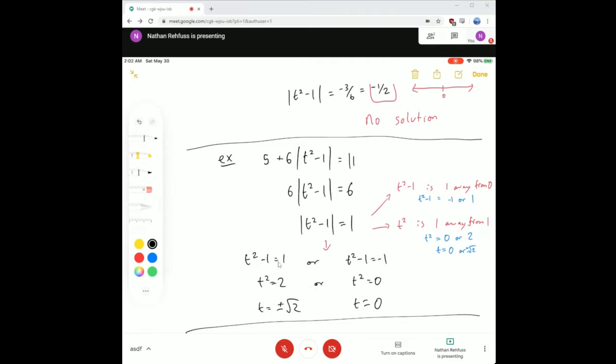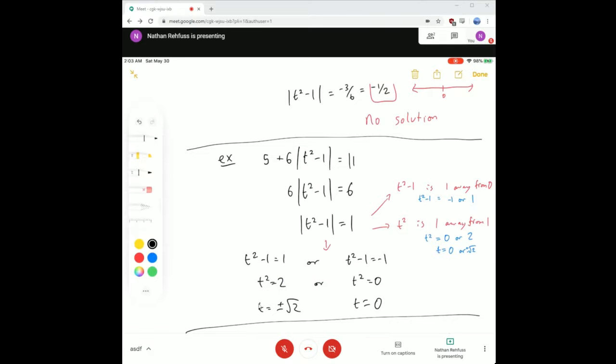And that's actually the next step in the algebra, is to add 1 to each side and say, okay, t squared equals 2 or t squared equals 0. The fact that these line up so neatly with this should give you some insight. When I said earlier, meditate on why these two are the same, this should give you some insight into why. Hopefully this helps. So either t squared is equal to 2 or t squared is equal to 0. Those are the 2 numbers that are 1 unit away from 1.